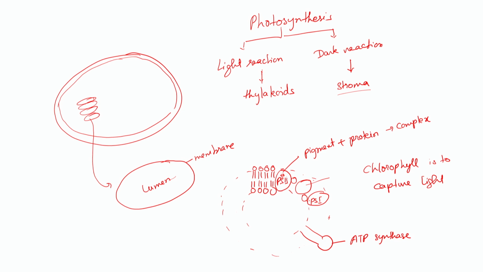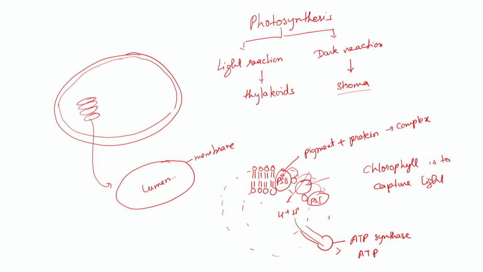So the energy which is present in this light is captured by chlorophyll. With the help of this energy, the chlorophyll molecule will be excited, they will release electrons, and these electrons will be carried from one electron acceptor to another electron acceptor, and while doing this process, protons will be pumped inside this lumen, and this potential gradient will be developed, and this proton will move through this enzyme, that is ATP synthase, and this enzyme will finally, with the energy which is stored in the form of chemical potential, generate ATP molecules.